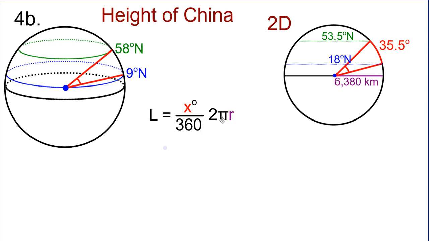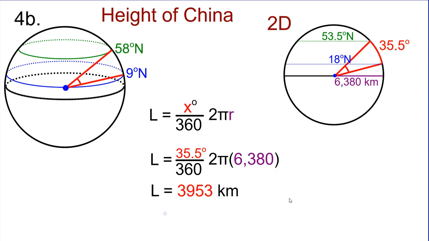We use our arc length formula, which is the fraction times the whole. The whole is going to be the entire circumference of the Earth, and we're going to use a more precise radius than 6,400 kilometers. We're going to use 6,380 kilometers in this case. And then our fraction is going to be our 35.5 over 360. I'm just going to show you the work for this one. We plug all this in our calculator and we end up with a height of 3,953 kilometers. Now that's our estimate.